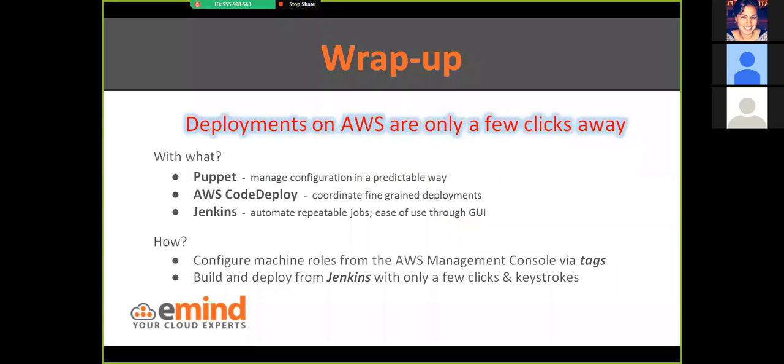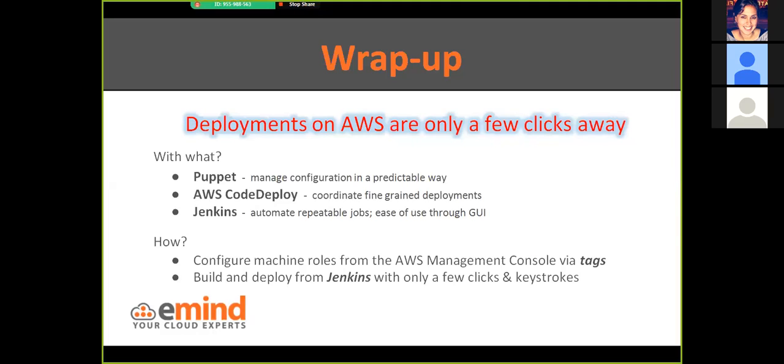To summarize what we talked about, if I were to say it in one phrase, I would say that now with this solution, the deployments in the Amazon cloud are only a few clicks away. And we do this with Puppet as a configuration management tool, with CodeDeploy, which quickly becomes the de facto deployment tool for AWS, and with Jenkins as a cross-platform, easy to use and integrate with CI solution.